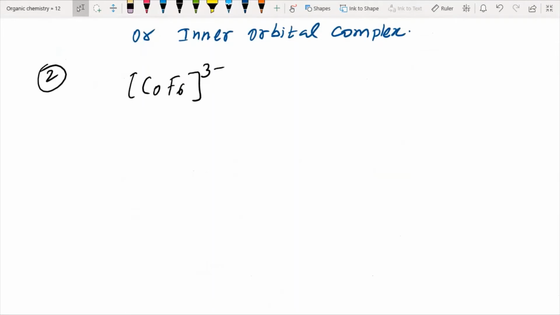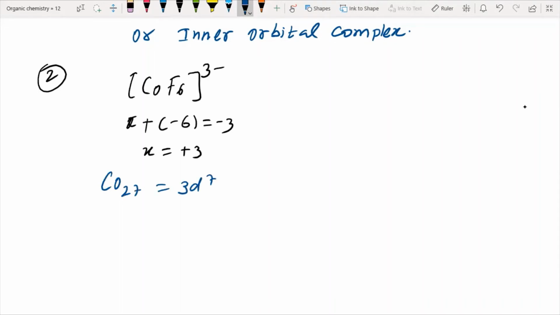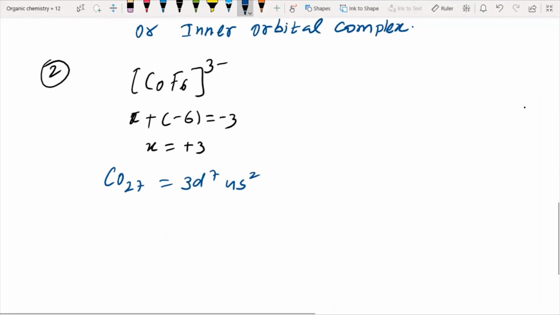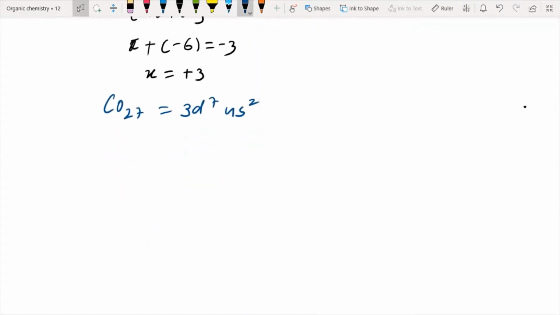We start with the oxidation number: x plus minus 6 equals minus 3, so x equals plus 3. What is the electron configuration for cobalt? 3d7 4s2. As the oxidation number is plus 3, for cobalt 3 plus it is 3d6 4s0.